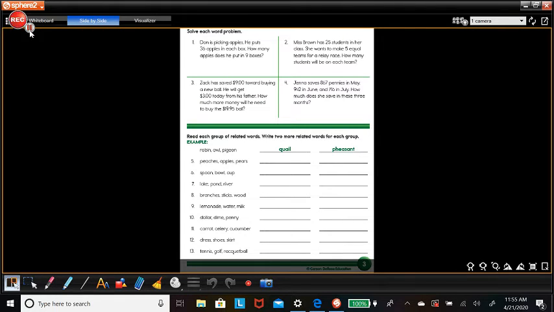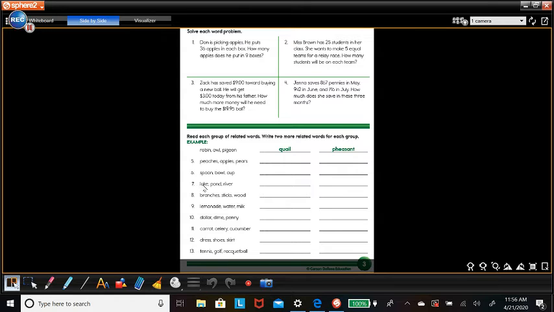Let's look at the instructions for the word work. It says, read each group of related words, write 2 more related words for each group. And they provide you with an example. These are all birds, and these are 2 more kinds of birds. Let's do number 7 together.